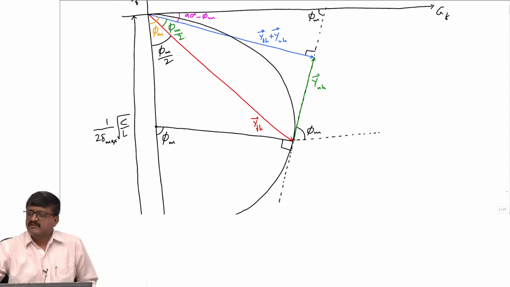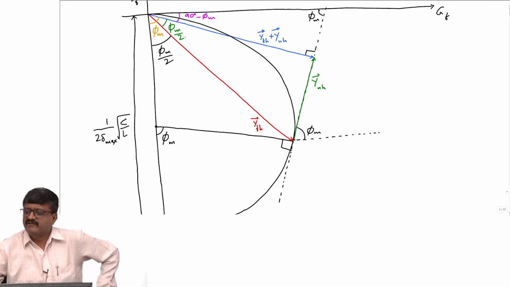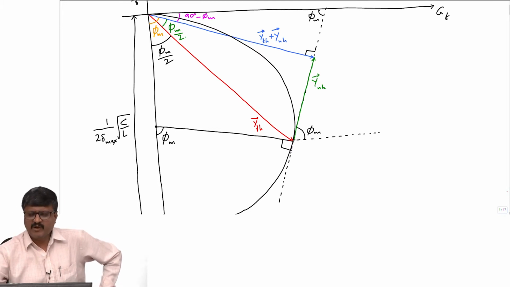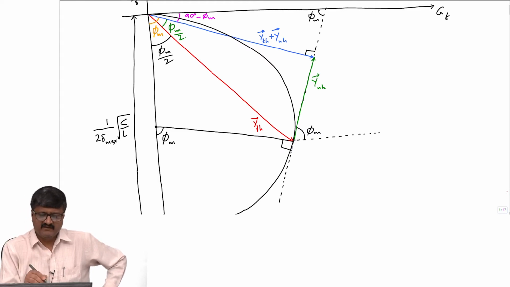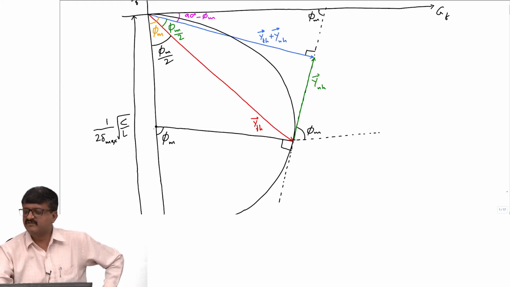Okay. So, this is the same as the diagram that we considered in the last class. I have made some additions. I have shown a few angles additionally. That's all. And there is one more line segment from the center of the semicircle to the point of tangent. Nothing more than that.